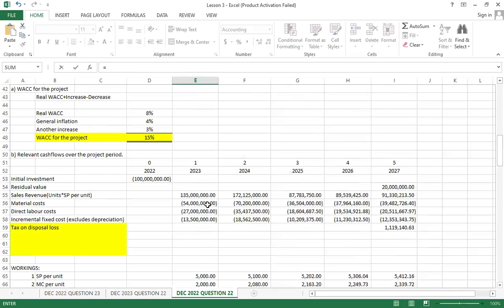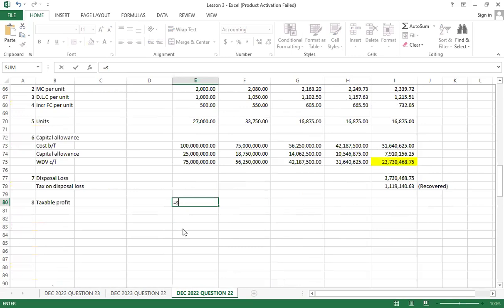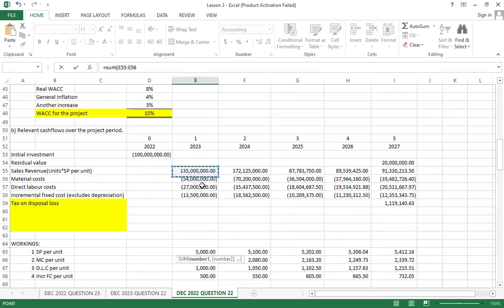Please remember that in this relevant cash flow workings, the revenue is a plus, the costs are minuses. So I can simply add them. The difference will give us the trading profits. So I'll say down here that this equals the sum of the revenue and the related costs. I close the bracket.